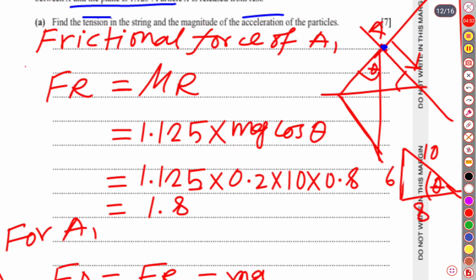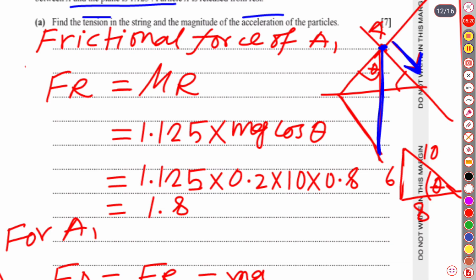Whenever A is released, A will slide down this way, and it will keep on sliding down. What are the forces acting on it? One force is the tension, which is pulling it along the plane. Another force acting on it is the weight, mg. So we will resolve these two forces into components.